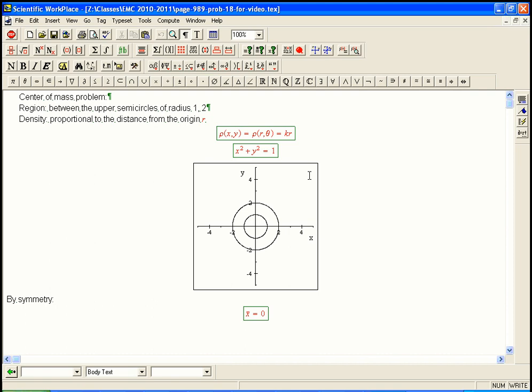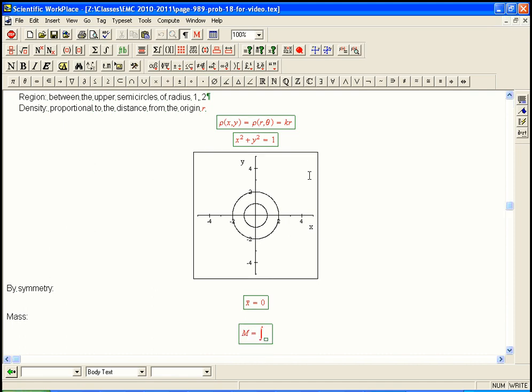Well, first we need to find the mass. So the mass, with only two s's, m is going to be, by definition, the integral over the whole region, which is 0 to pi, and then 1 to 2. So remember, it's the stuff in here where r goes from 1 to 2. As the radar beam sweeps around, it's not going to have anything to do with r from 0 to 1, but from 1 to 2 it is going to intersect the region.